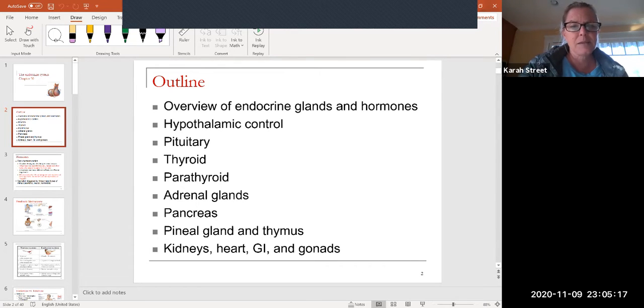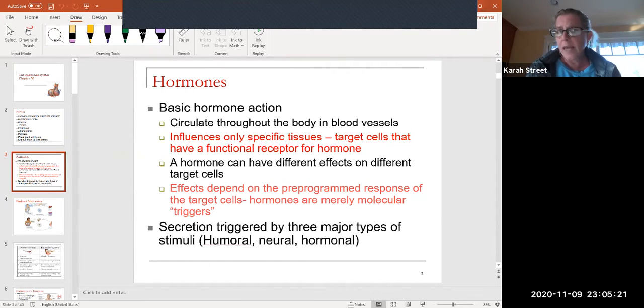So again, a hormone is a chemical signal that travels throughout your body in the bloodstream. It will have target cells. What makes a target cell a target cell? It has to have a receptor.